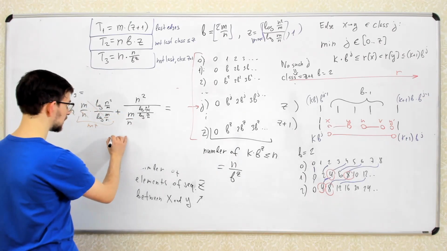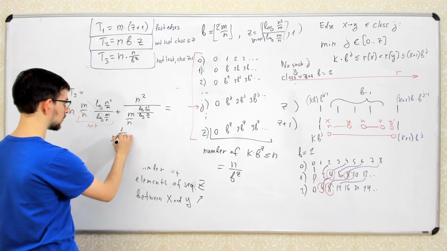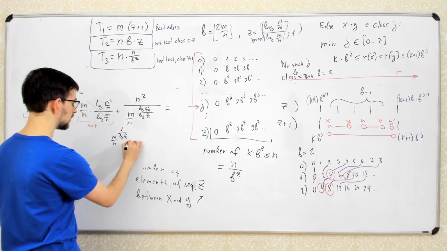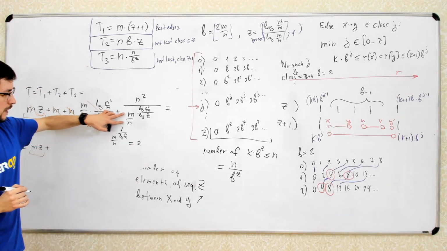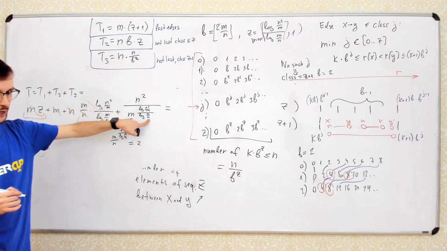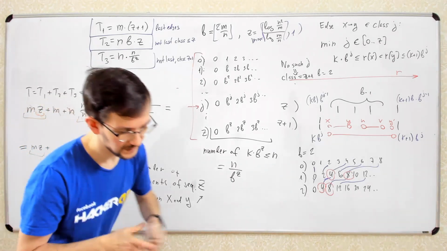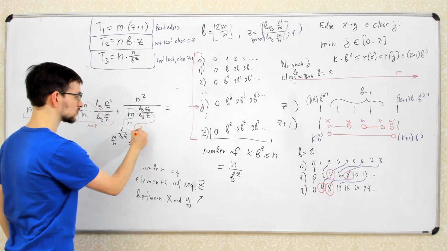So here, if you take m over n power 1 over log m over n, you will have 2. So this part is actually 2.